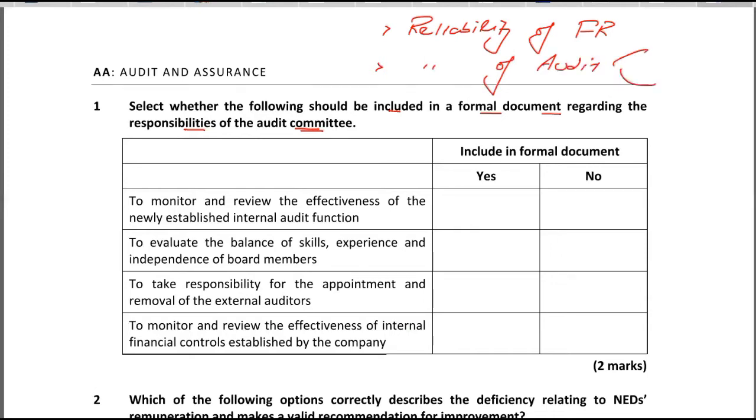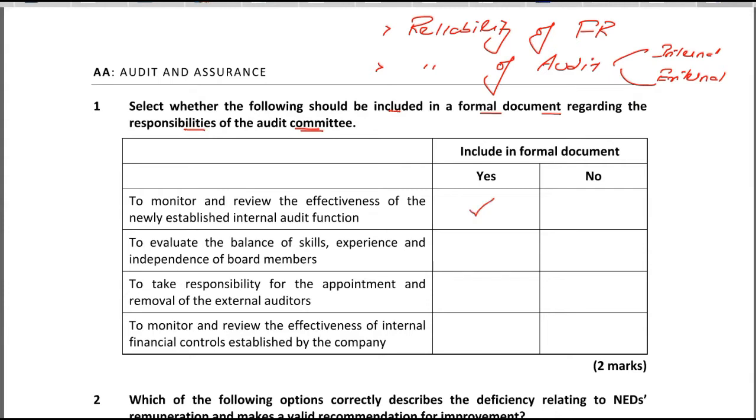Now, it covers both internal and external. So, to monitor and review the effectiveness of the newly established internal audit function. Yes, definitely, because this is their main role.